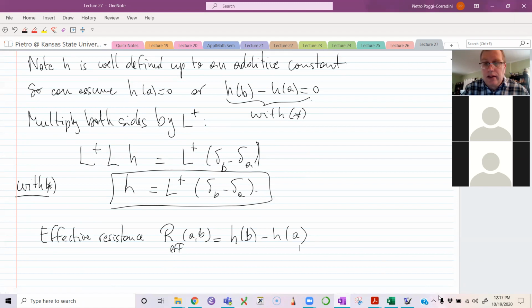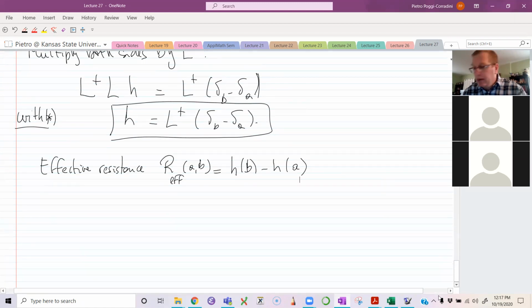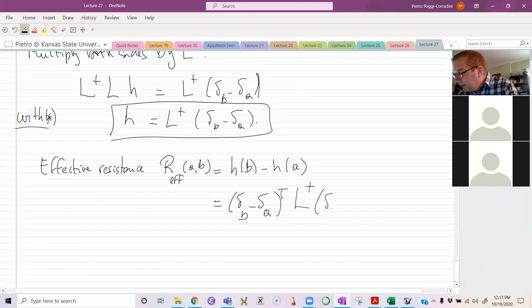So you can compute that by simply doing delta B minus delta A transpose L plus delta B minus delta A. So this is the quadratic form for the pseudo-inverse applied to this vector here, delta B minus delta A.